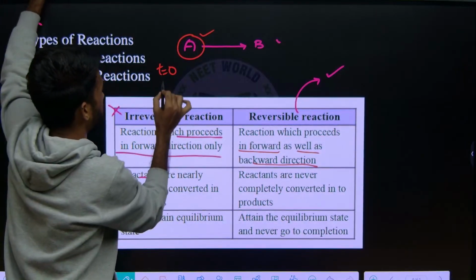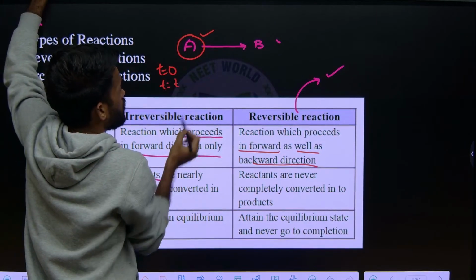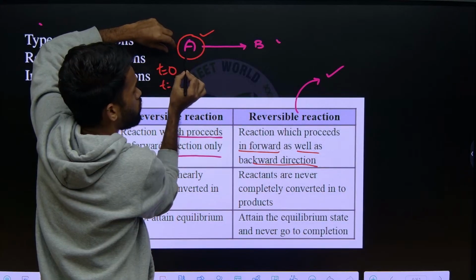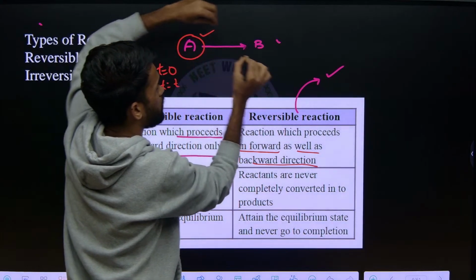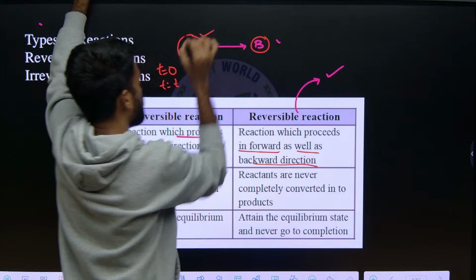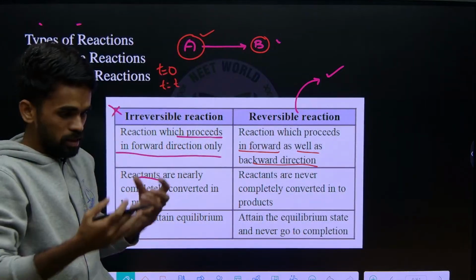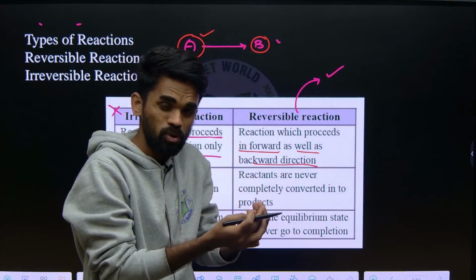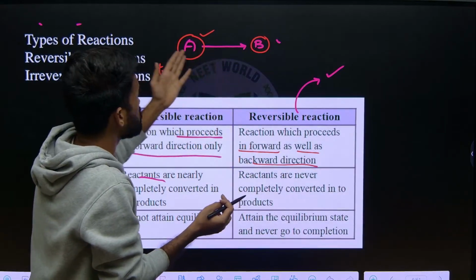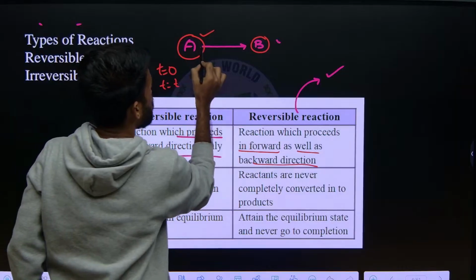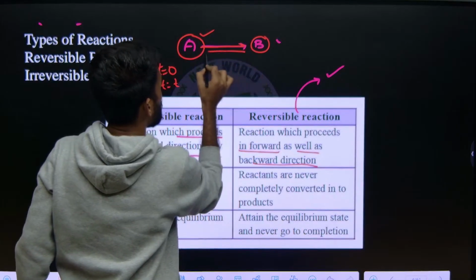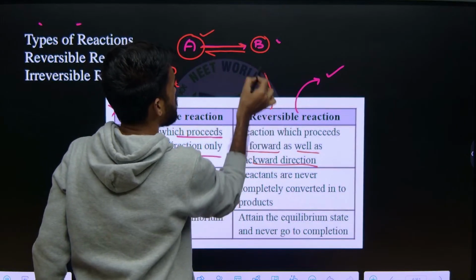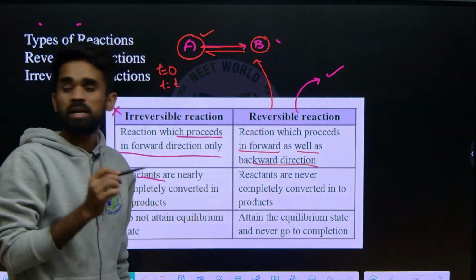After some time t minutes, some of this reactant A is converted into B. After forming this B, those B molecules that are formed decompose and return back to the original A. It means forward reaction is taking place and backward also. So this kind of scenario will be observed in a reversible reaction.